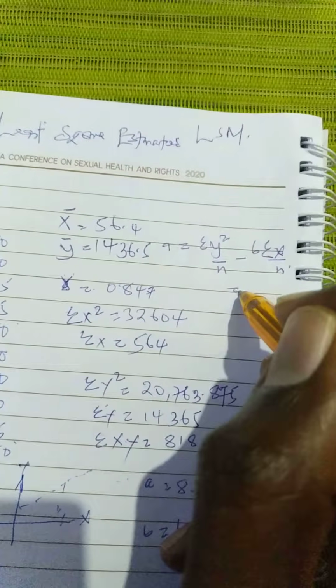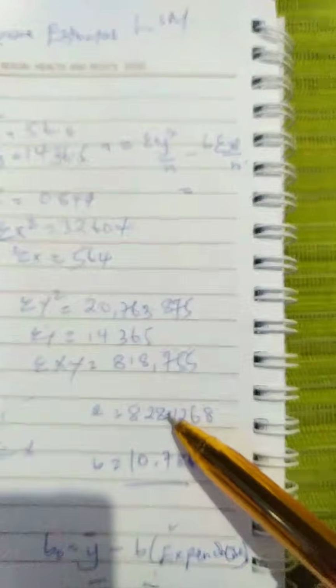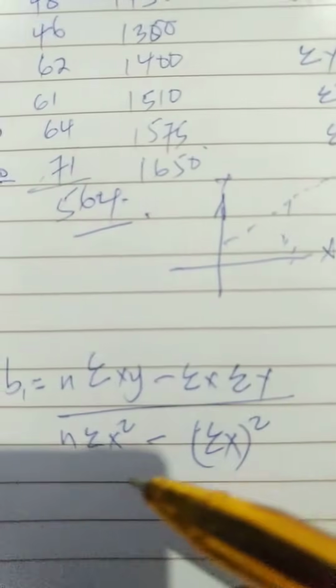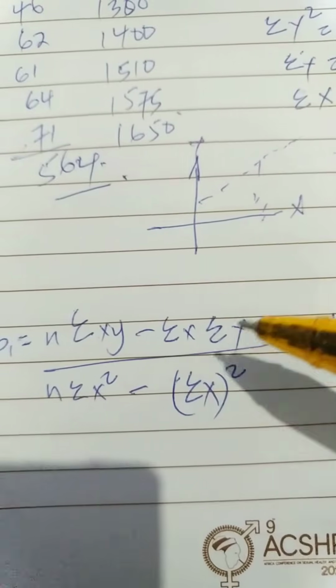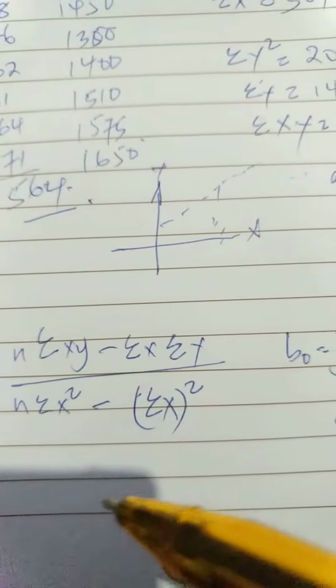When you apply this, it will give you the same as what we've gotten from the calculator. The slope is gotten by this formula. When you substitute everything we've gotten there, it will simply give you the b.